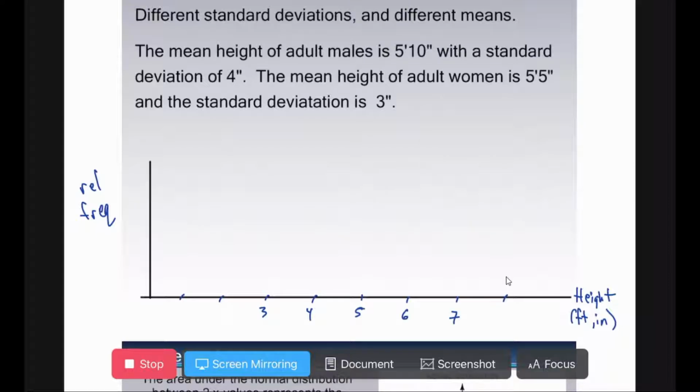All right, let's sketch, starting with the men. The average height for adult males is 5'10", standard deviation of 4 inches. So 5'10" is going to be right around here. Let's sketch our curve. Something like that.